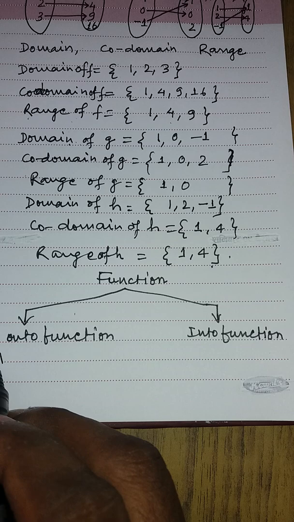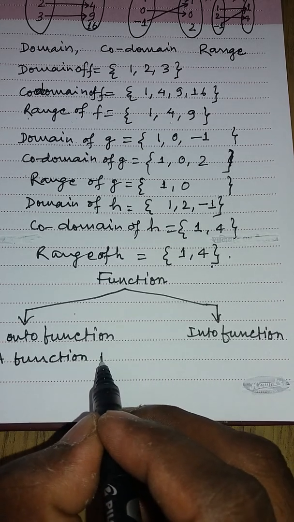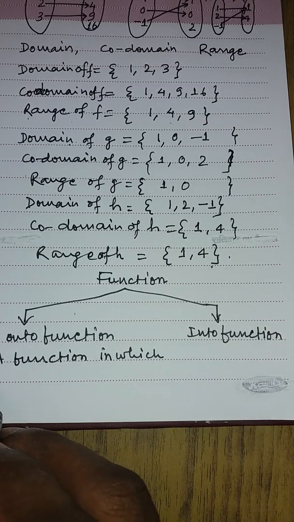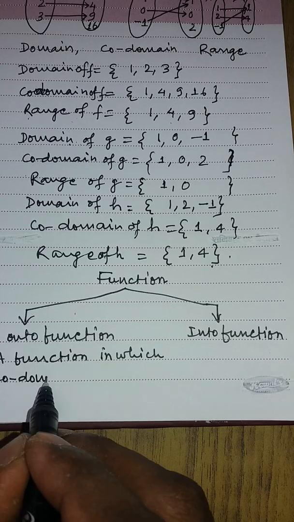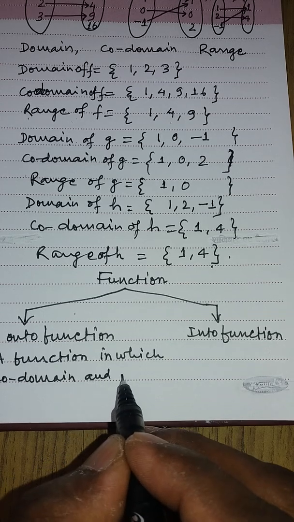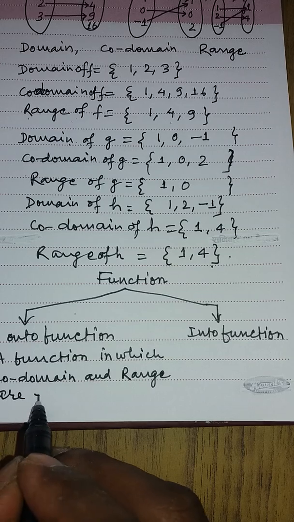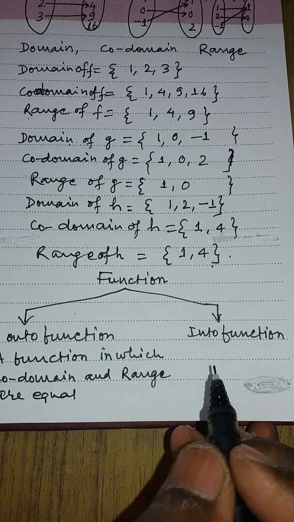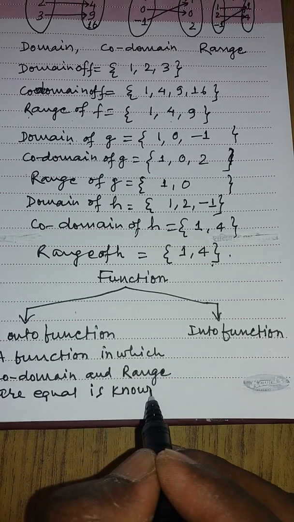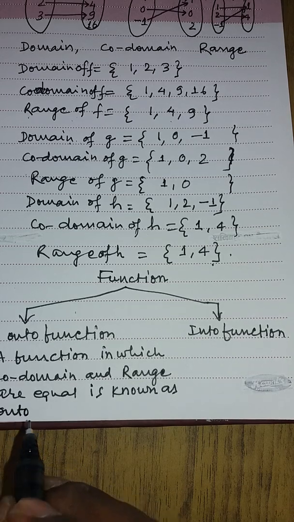A function in which codomain and range are equal is known as onto function.